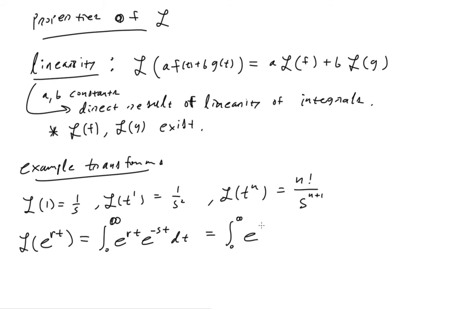Okay, and so we can write that as e to the (r minus s) t dt, like so. And then, of course, we can take the antiderivative of that straightforwardly. But we have to now put a minus sign there, and then e to the (r minus s) t, like that.